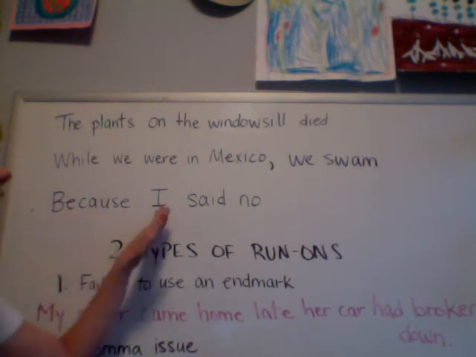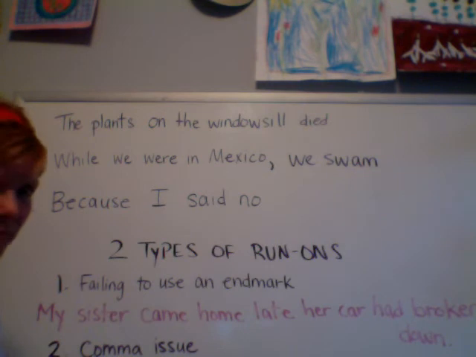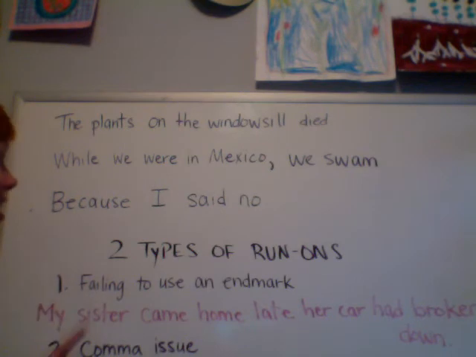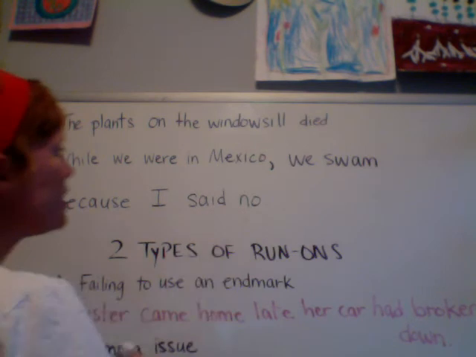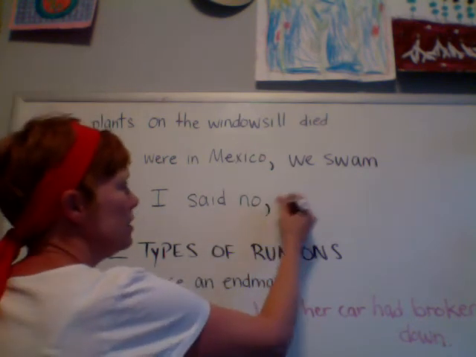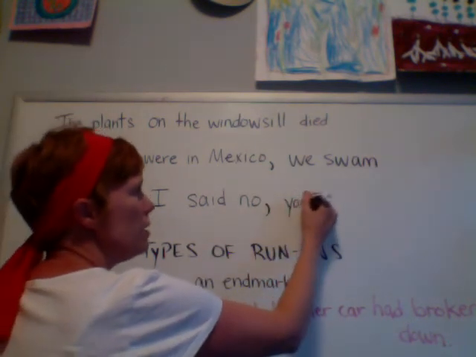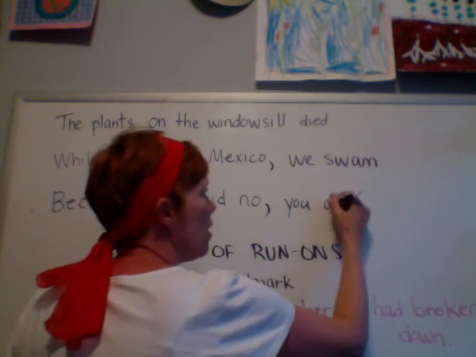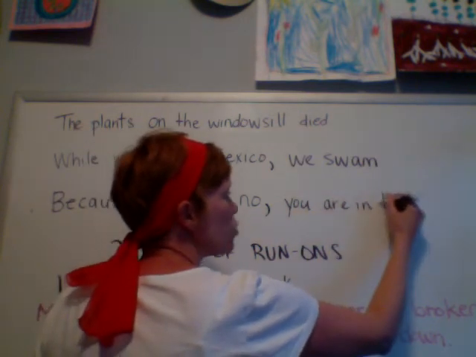So because I said no, all right, it is a great flaw to start a sentence with the word because if there is no comma included. So, because I said no, you are in trouble.